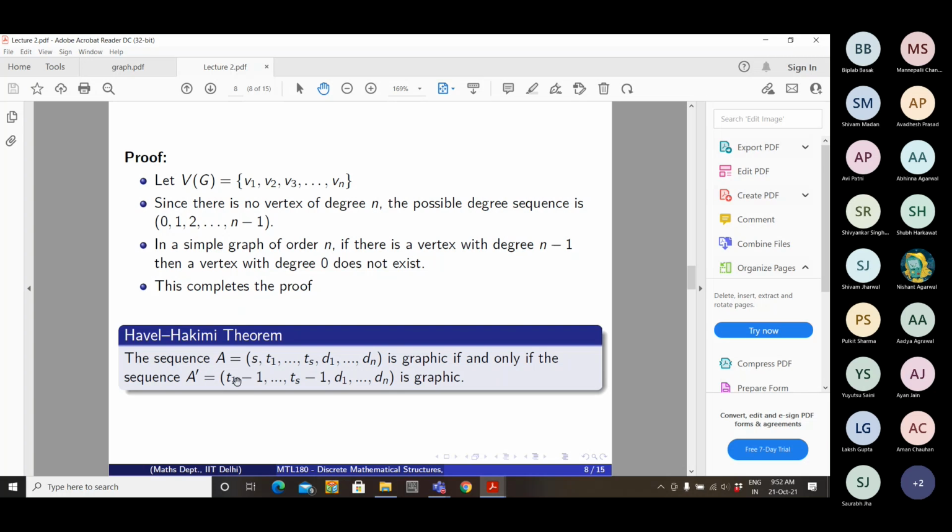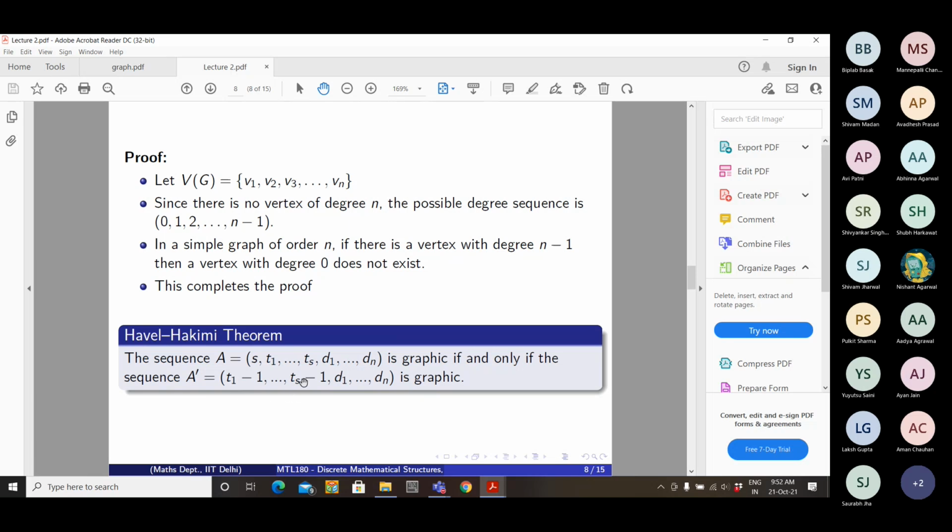It states that if we take the sequence A as S, T1, T2 up to Ts, D1, D2 up to Dn, then A is graphic, meaning A is a degree sequence of some graph, if and only if the sequence A dash, T1 minus 1, T2 minus 1 up to Ts minus 1, D1, D2 up to Dn, is graphic. So there is some graph with degree sequence A if and only if there is some graph with degree sequence A dash.